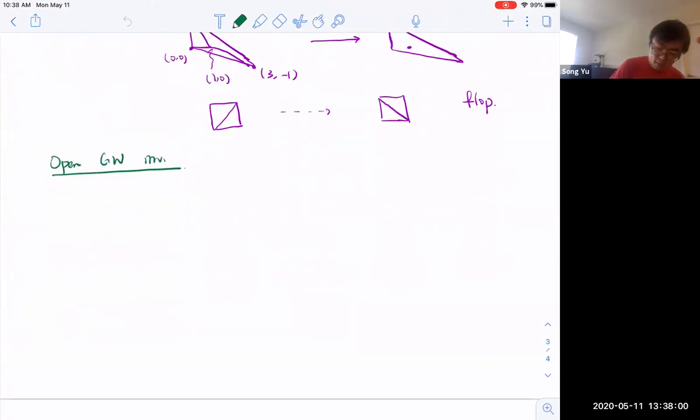Okay. So this can be packaged into generating functions F_{g,n}(x, L, f).